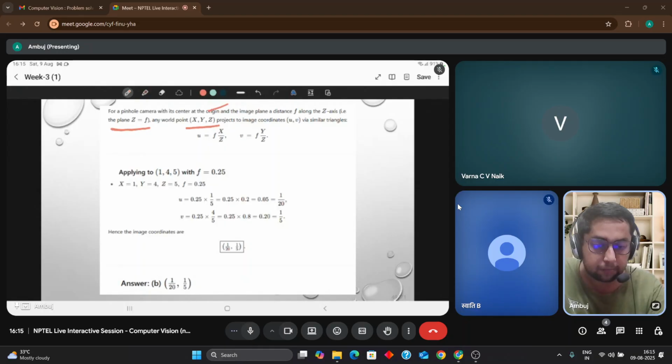It would be projected onto the image coordinates u comma v via similar triangles.